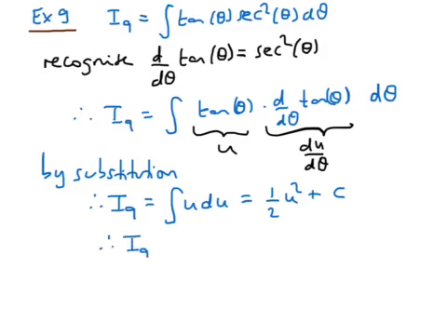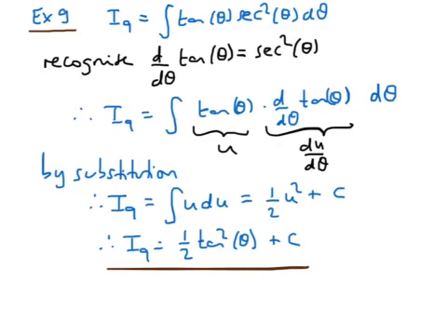So therefore I9 is 1/2 the tangent squared of theta plus an integration constant. And that again is something that we can check and should check.